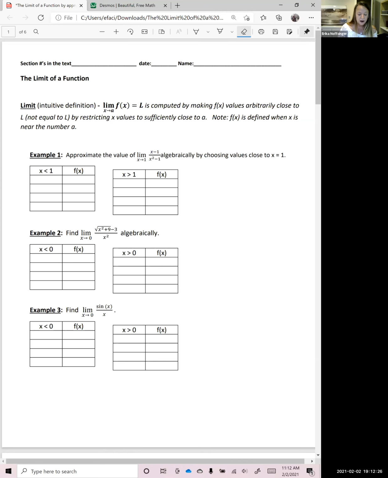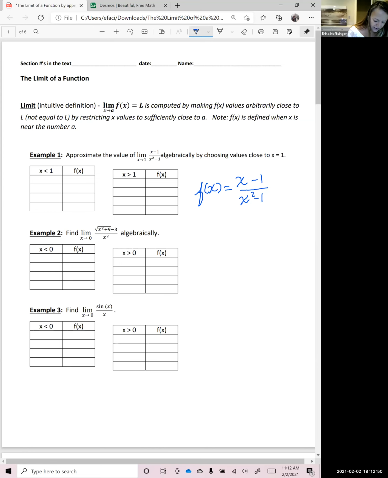If you notice there, that function f of x equals x minus 1 all over x squared minus 1.